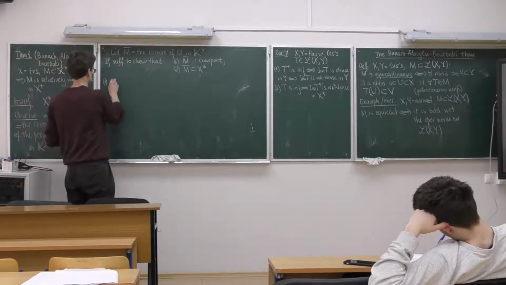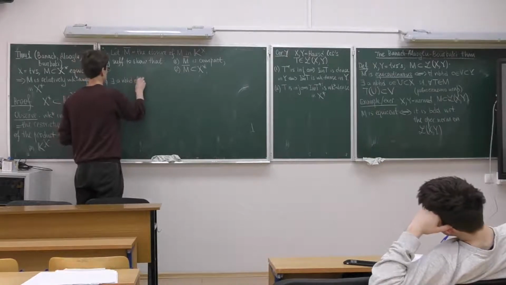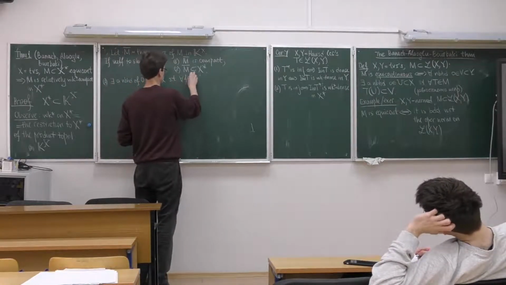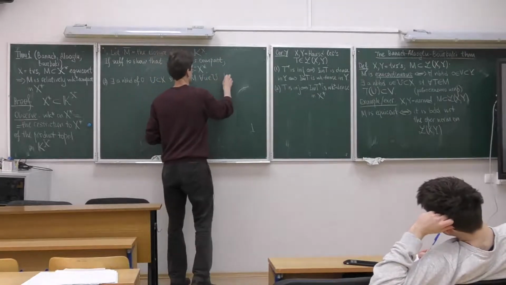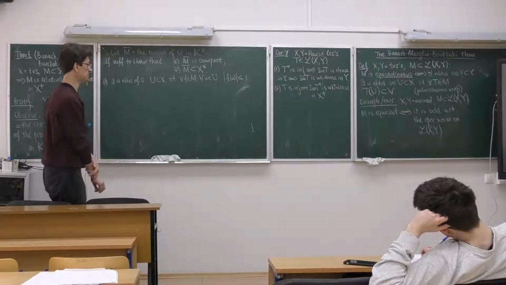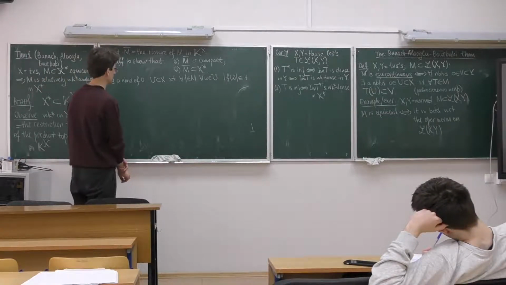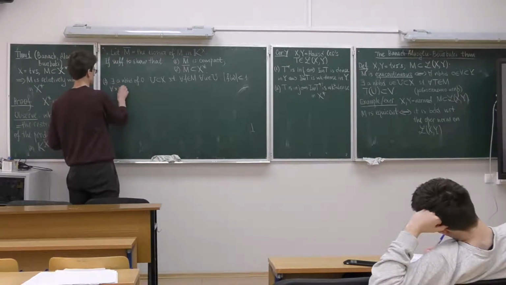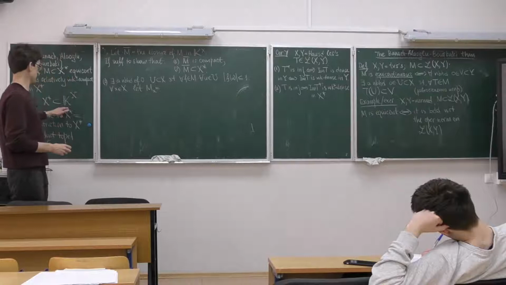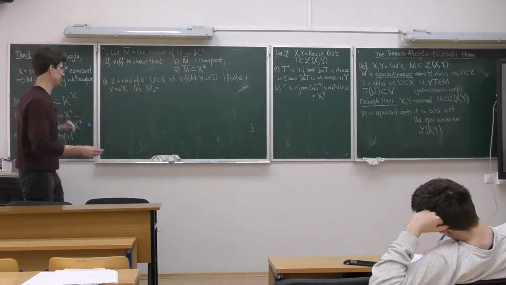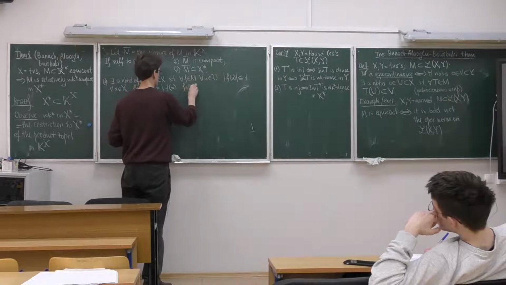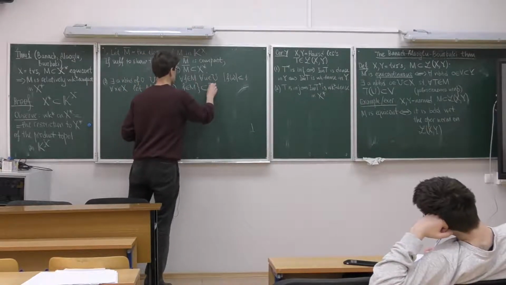So by assumption, there is a neighborhood of 0, say U in X, such that for each f in M and for each little u in U, I have the following inequality, just by the equicontinuity of M. Now, for each x in X, let Mx denote the image of M under the respective projection to K. That is, this is the set of all elements of the form f of x, where f runs over M. So this is a subset in K.